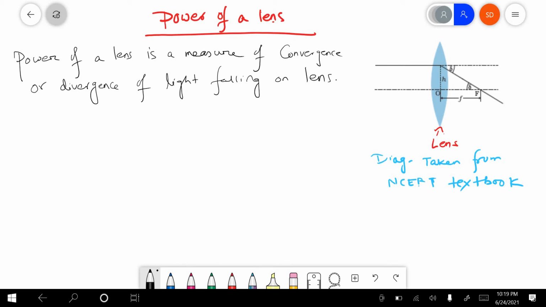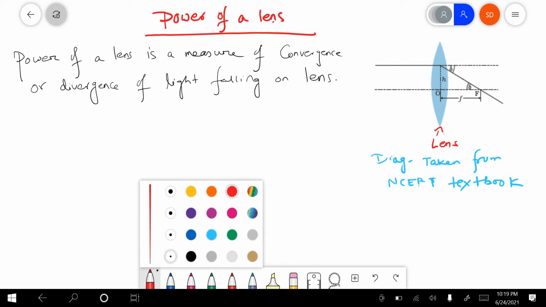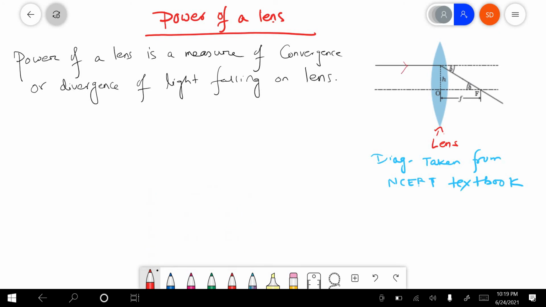Here in this diagram we can see, for example, light is coming in this direction. This is a convex lens. Light is coming in this direction and it is undergoing convergence like this. Let this light make an angle delta.